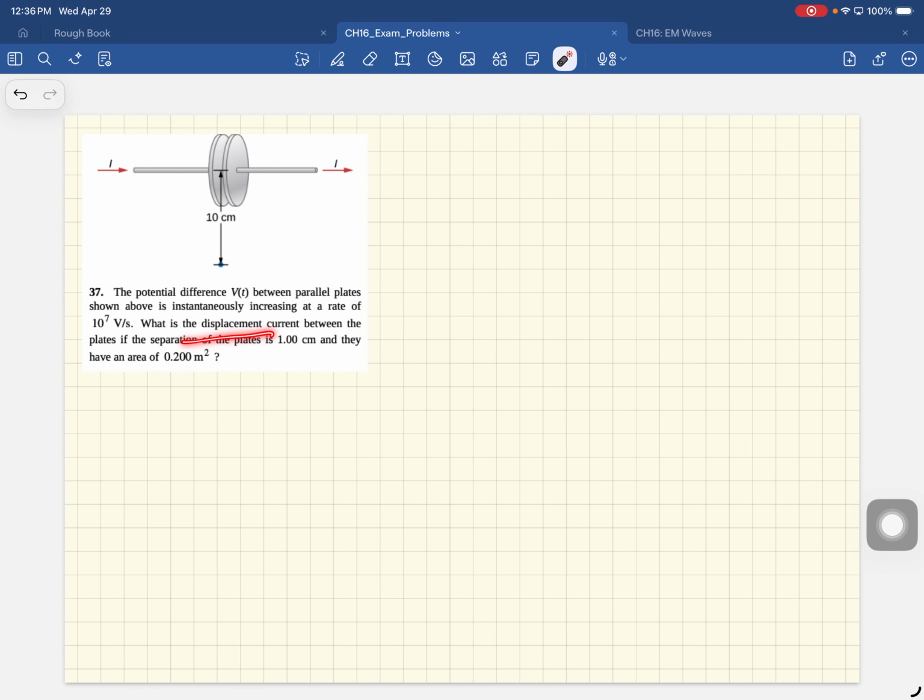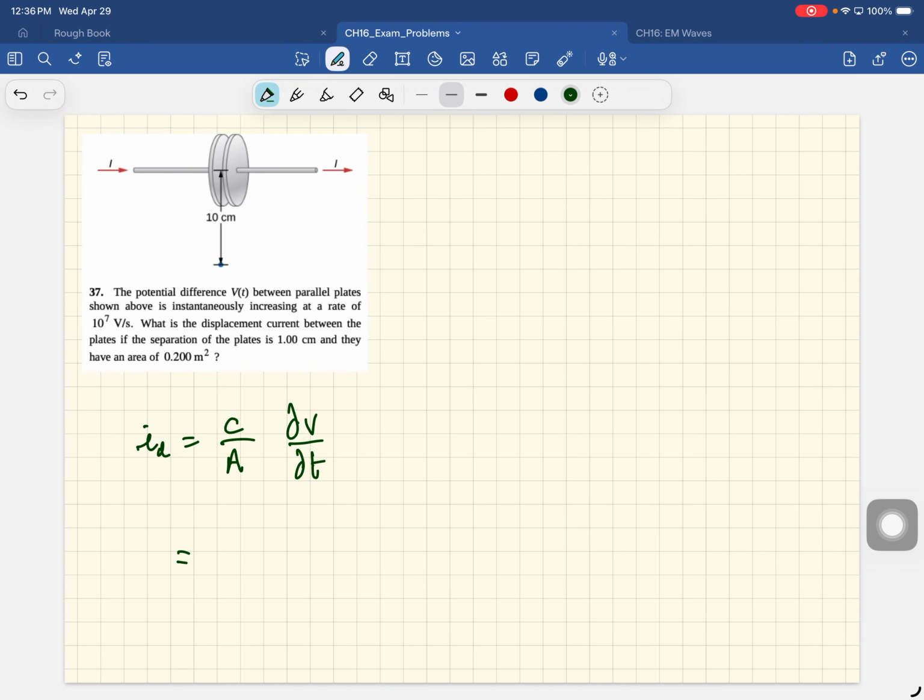They give you the rate of change of voltage, okay? And the displacement current works out to epsilon naught by d del V by del t.